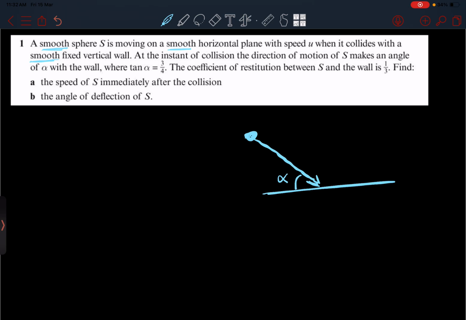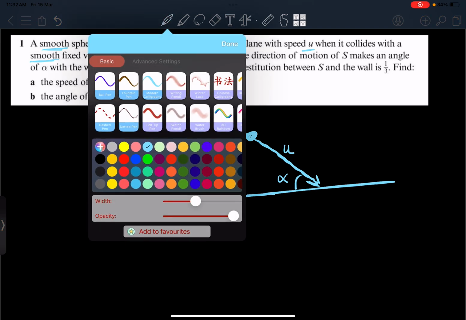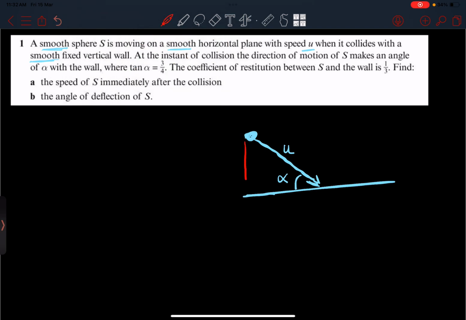It is moving with the speed u, so I know that this is u, and because I know this much, I can straight away write the vertical component as u sine alpha, and the horizontal component as u cosine alpha.